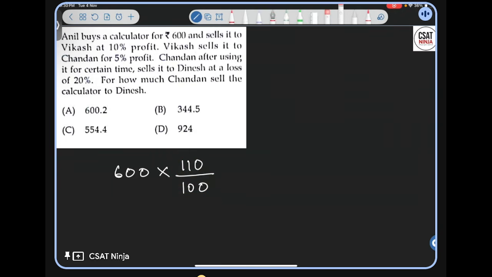That means 110. Yeah, I can write like that, multiplied continuously. Okay, this is a continuous percentage change. So for discount also, you can use this type of formula. So Vikas sells it to Chandan at 5% profit. That means for 100 rupees, if there is 5% profit, it will be how much? Can I say it's 105? Because 5% profit.